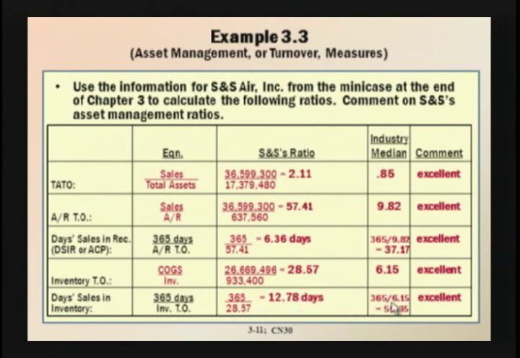We calculate the days sales in inventory for the median firm by taking the inventory turnover for the industry, dividing the 365-day year by that 6.15, and we see that the median for the industry showed the average inventory item staying in the inventory about 59 days, and S&S had the average item in inventory a little less than 13 days.